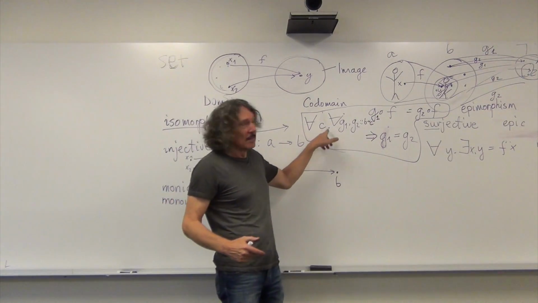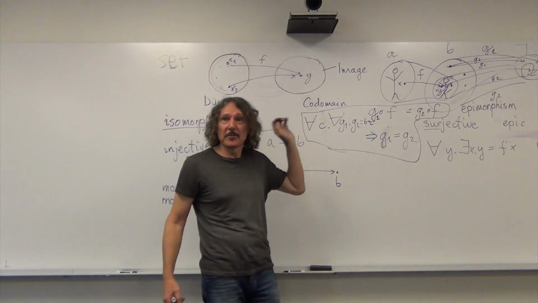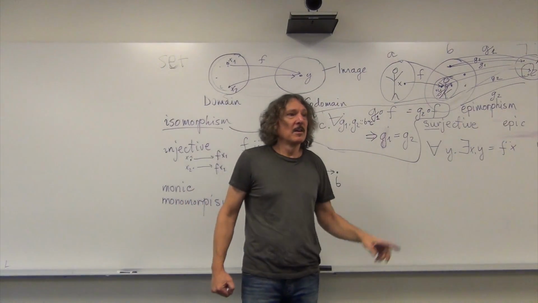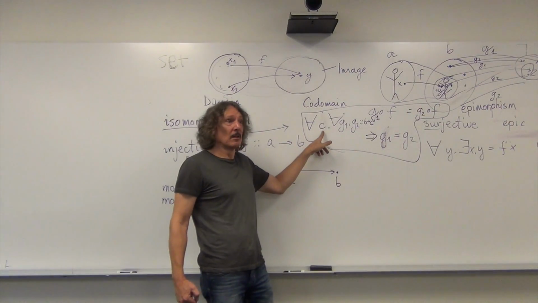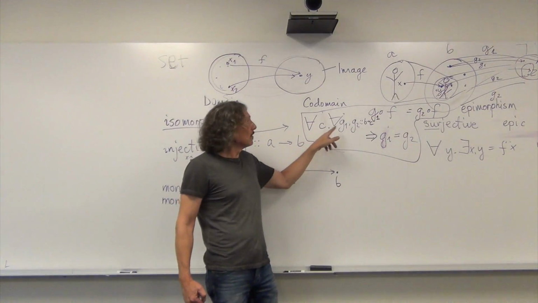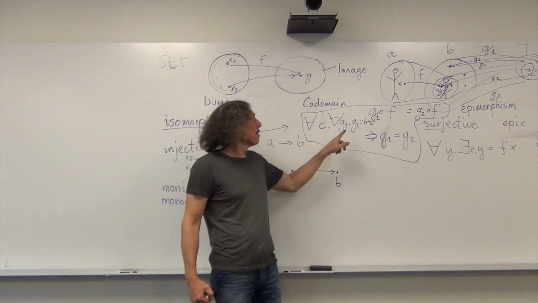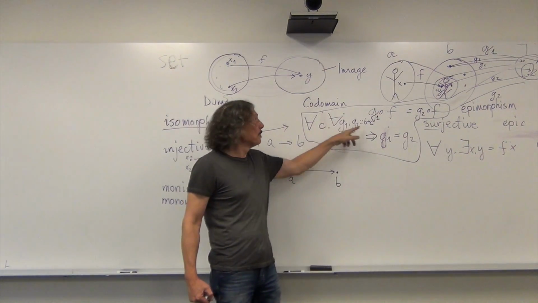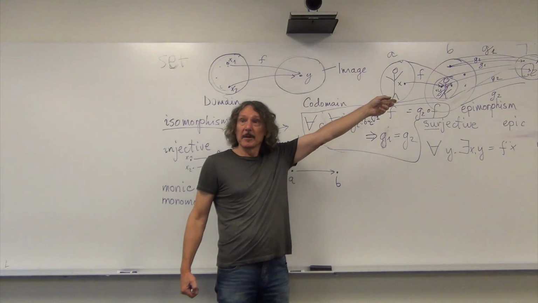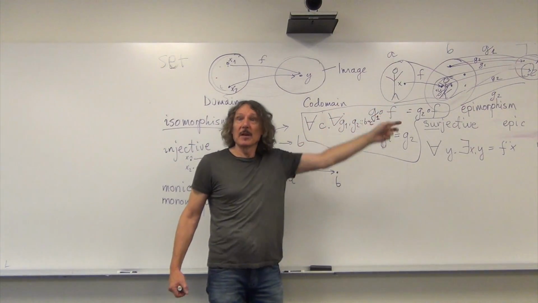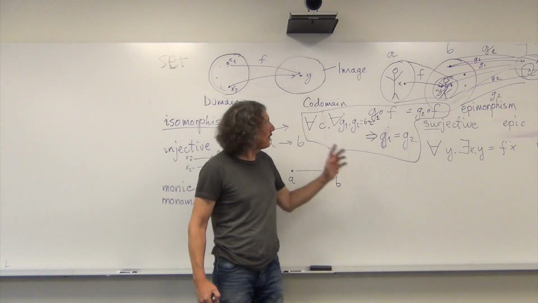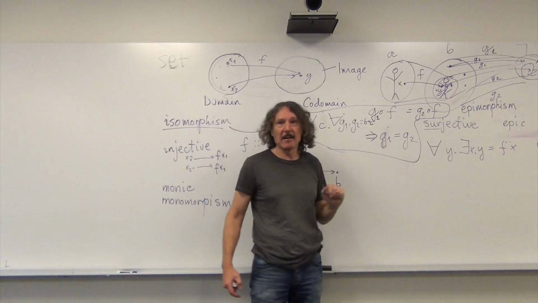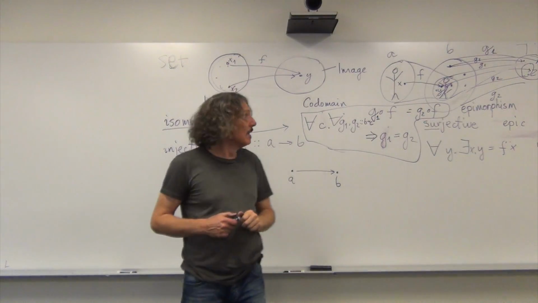But notice that I'm using these quantifiers for all. So I have to consider all objects in my category, all C's, and all possible pairs of morphisms from B to C, right? So I'm really looking at the whole universe just to define this one property of F, okay?